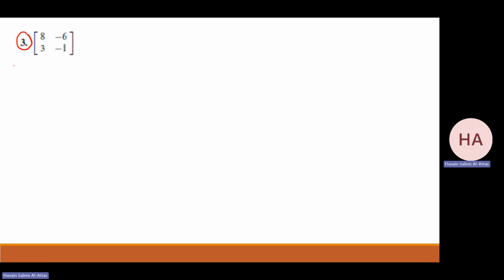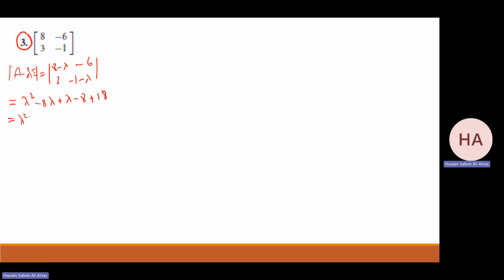I'll do the same thing. A minus lambda I. And these are easy ones. That will be 8 minus lambda, minus 6, 3, minus 1 minus lambda. That gives me lambda square minus 8 lambda plus lambda minus 8 plus 18.